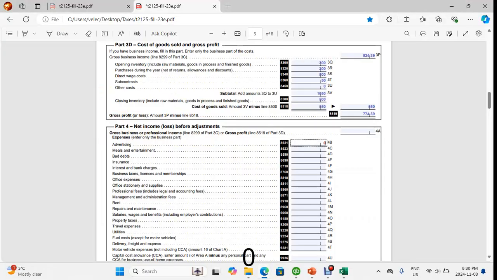Your meals and entertainment will be zero as well, so nothing for meals and entertainment. We've got bad debts, which is zero as well, so nil. Your insurance will be $965.54.